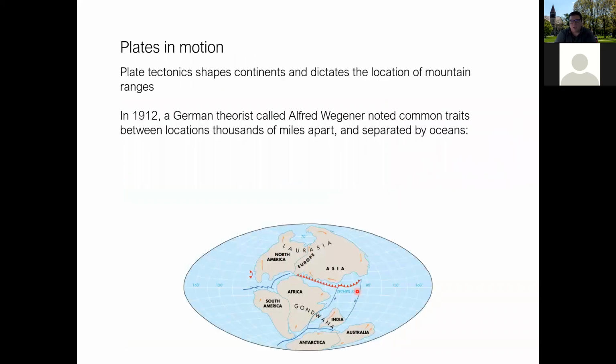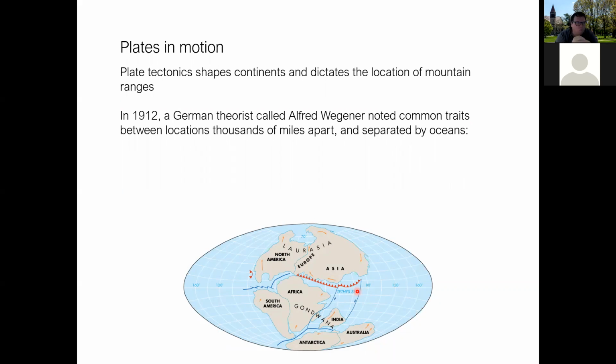This comes back to the idea that we don't just have plates, they're in motion. We talked about the fact that plate tectonics shape continents, dictate the location of mountain ranges, and are relevant for water, ore deposits, and so many other things.